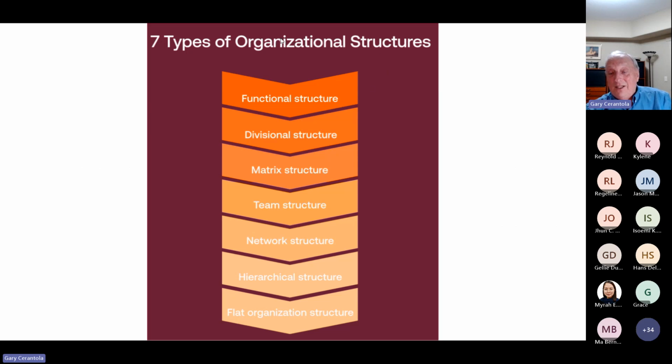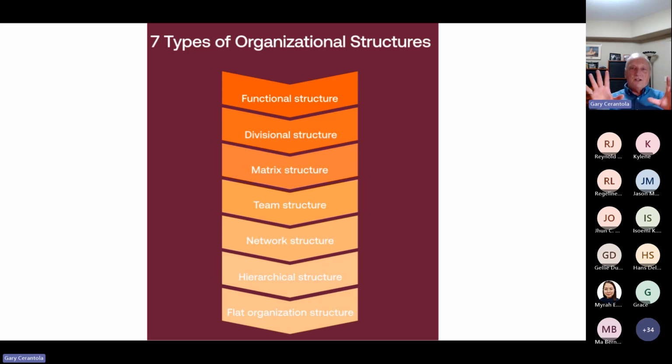And then again, we talked about the 7 types of organizational structures. So functional structures, where there's a composition of similar disciplines or similar capabilities, and that's to manage high standards, to manage good quality.